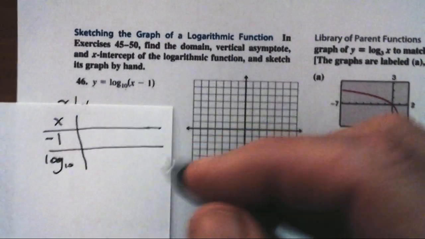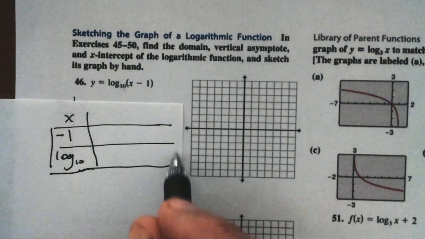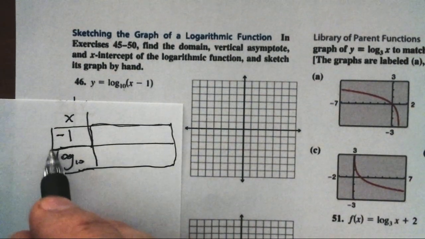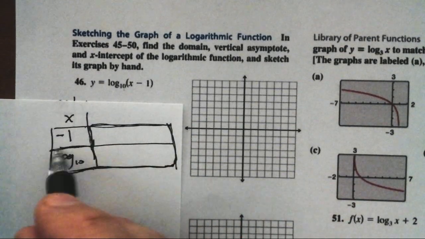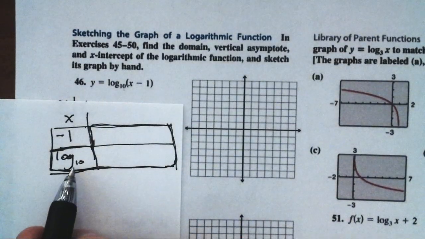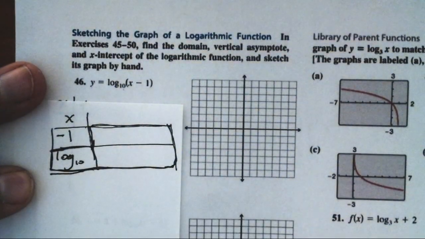So here's what I do. I'm just going to refer to this portion of my little chart I'm making right here as the bus. It's bus shaped. What's driving the bus? The engine, log base 10. What values do I want to go into here? I want powers of 10.